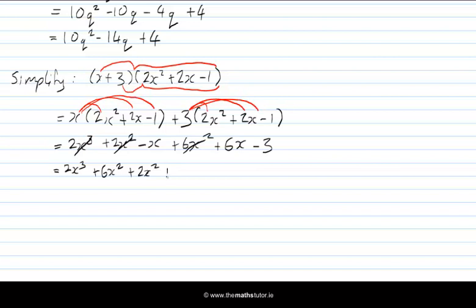And now I have a plus 6x and a minus x, that's those 2, and a minus 3. And now I can just simplify that by adding, so I have the 2x cubed plus 8x squared plus 5x minus 3.